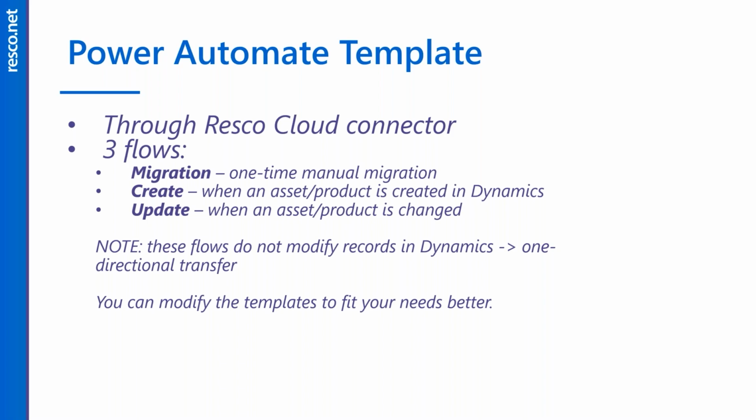It's the migration flow, a one-time manual migration of records from a Dynamics organization to a Resco Houston organization. And then there are 2 automatic flows, create and update. These are triggered automatically when either an asset or a product is changed or created on Dynamics. Please note that these flows do not modify any records on Dynamics, so it's just a one-directional transfer, but you can modify these flows to fit your needs.